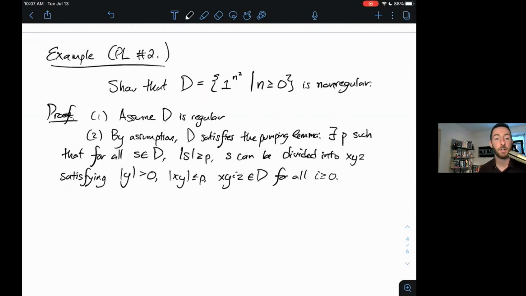So I'm writing the pumping lemma over and over. The more times you write it, the more clearly it sticks into your brain.